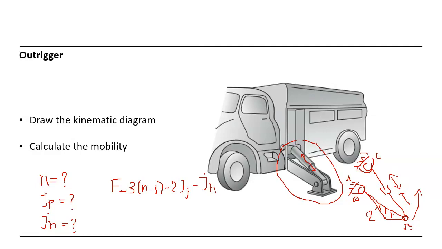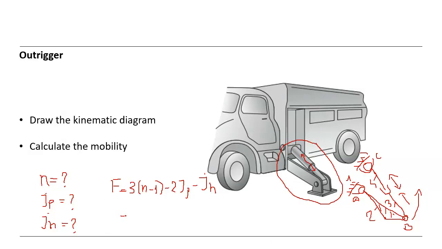And since we have the slider here, this must be 3 and this must be 4. And we have here 1, 2, 3, 4 primary joints, and 4 links.